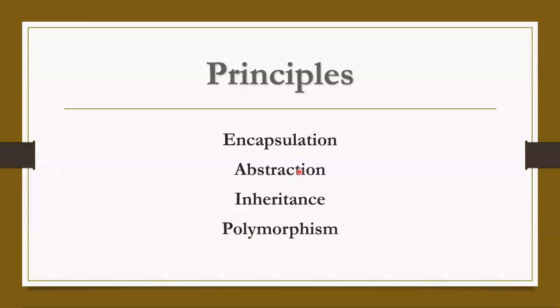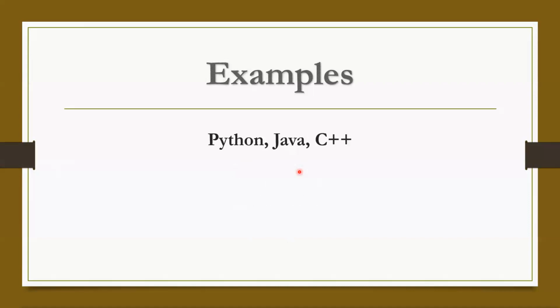These are the main principles that we should remember. That will help you a lot when you're doing software development in OOP programming languages. So these are some examples of programming languages that use the OOP concepts or OOP programming paradigm. Python is one of the powerful programming languages, and next Java, C++.